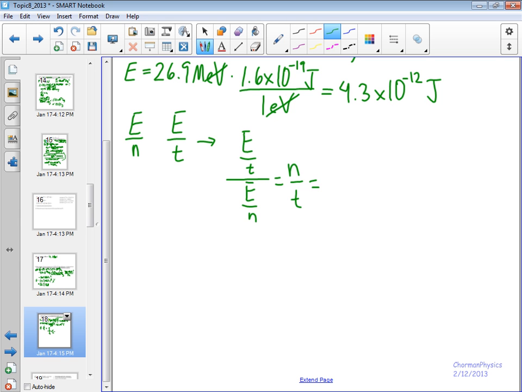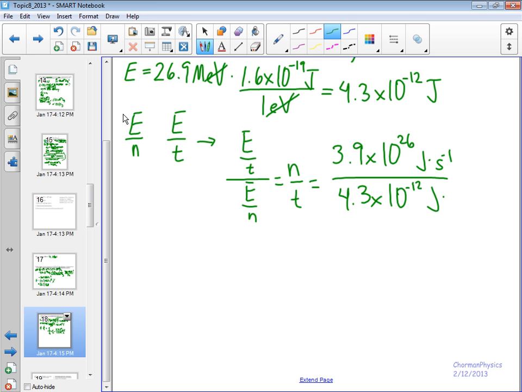So when we do that, we have 3.9 times 10 to the 26 joules per second, and 4.3 times 10 to the negative 12 joules per fusion. What we end up with here is an incredibly large number in terms of fusions per second.